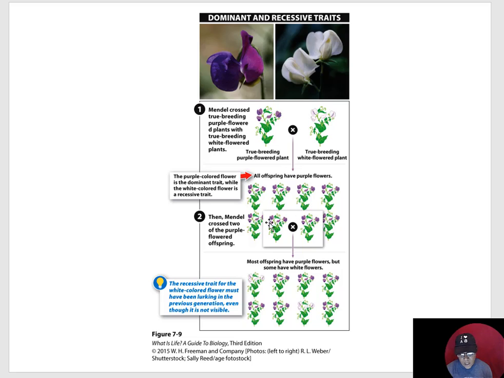But when he crossbred the second generation to each other, then suddenly the white flowers popped out again, that he started to see offspring that had white flowers. And that's where he began to understand that the gene for the white flower was there, it just was not being expressed. Okay.